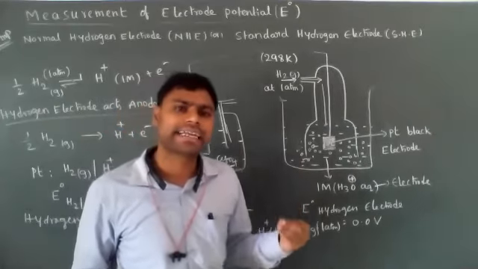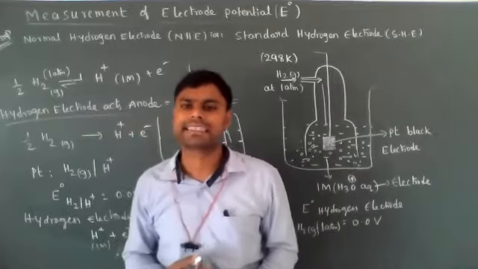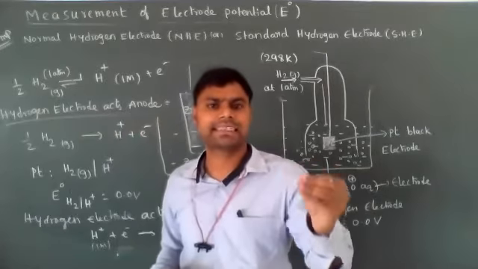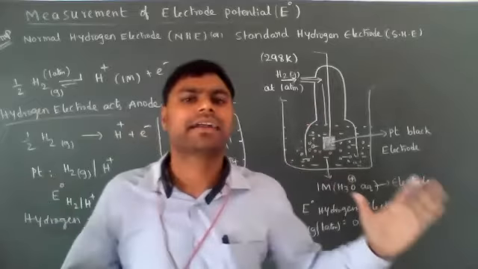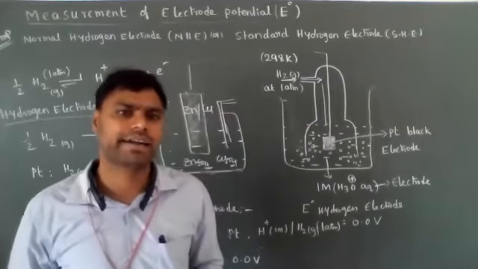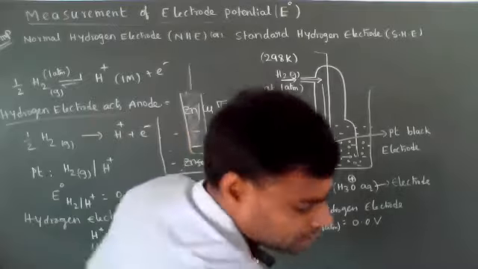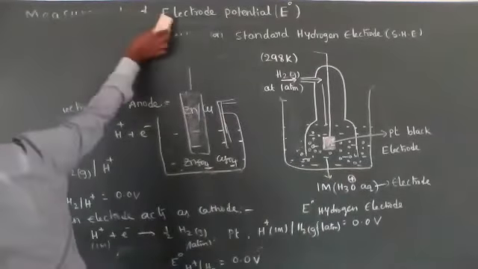That can be calculated by Nernst. It is called the Nernst equation. Nernst has given one equation to calculate the electromotive force of the cell under different conditions. That is called the Nernst equation. Let's see the Nernst equation.